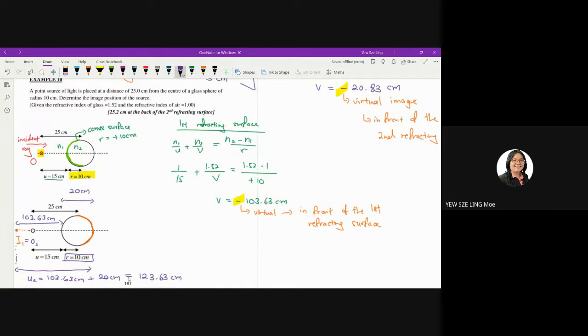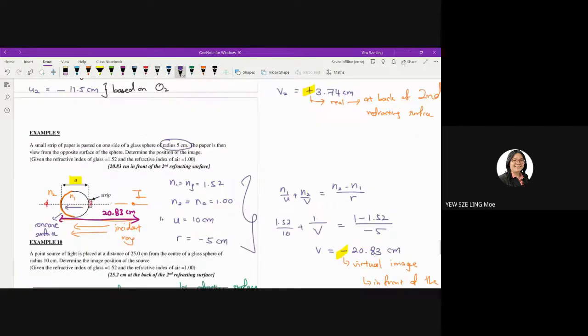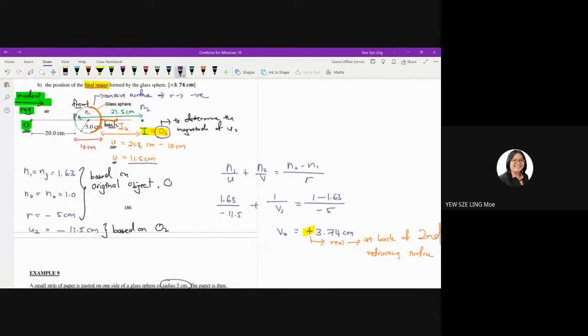So that is the main difference between example 10 and example 8. In example 8, my I1 is behind the second refracting surface. In example 10, my I1 is located in front of the second refracting surface. If it is behind the refracting surface, you calculate U by subtracting the diameter.